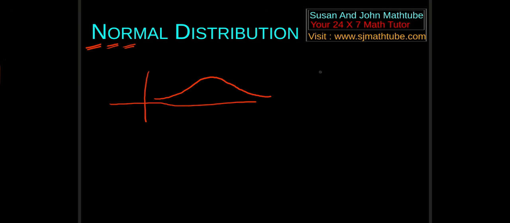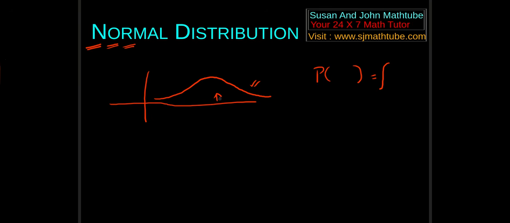In continuous distributions, finding probability is actually integration. We learned that long back when we learned about continuous probability distributions. And the probability distribution functions are always positive, so they are always above the x-axis.